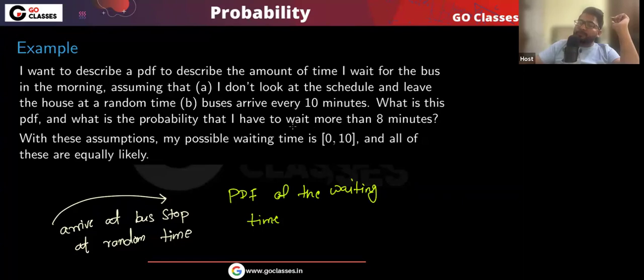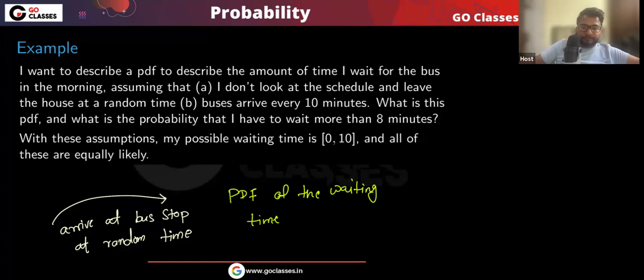Why? Maybe the moment you reach, the bus has just left, and the next bus may come after 10 minutes, because the bus is coming every 10 minutes. So minimum 0 and maximum 10. This is your waiting time. I mean, this is the value that your random variable x can take.